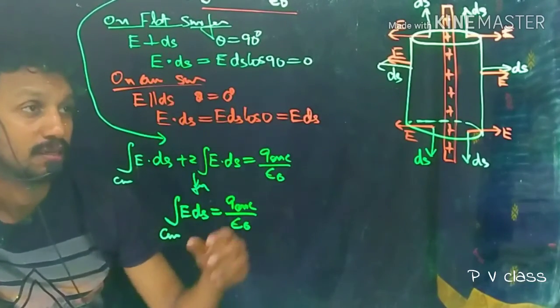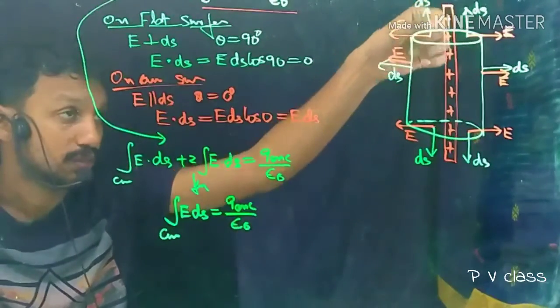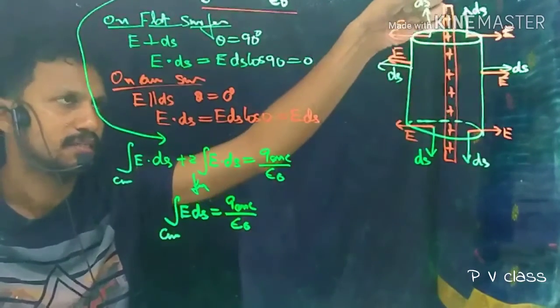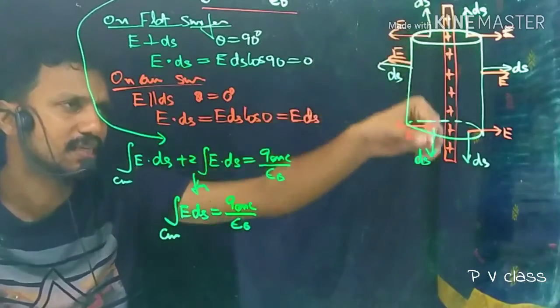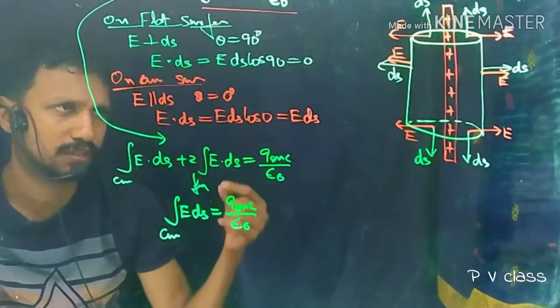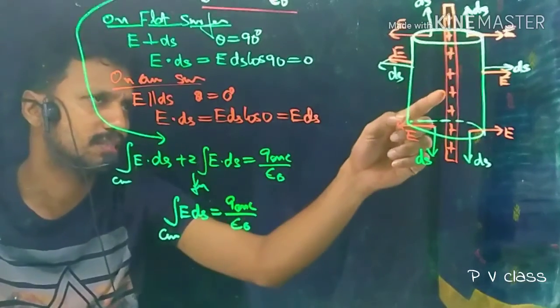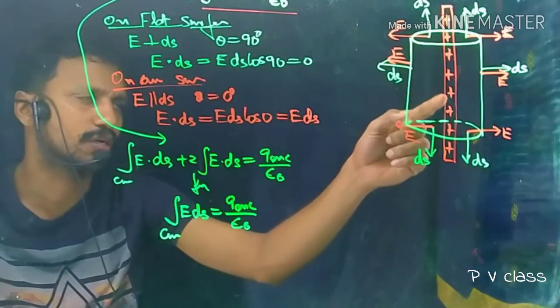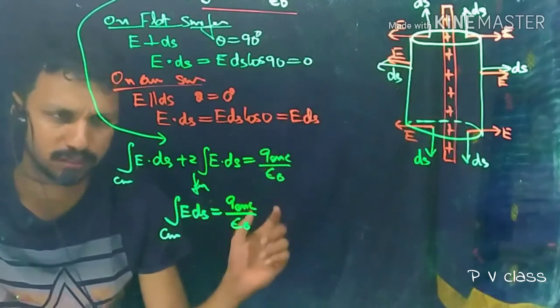Then the Gaussian surface is a cylindrical one, and the charged conductor is at the center of the Gaussian surface. That means the distance from every point on the curved surface to the conductor is equal to this distance.